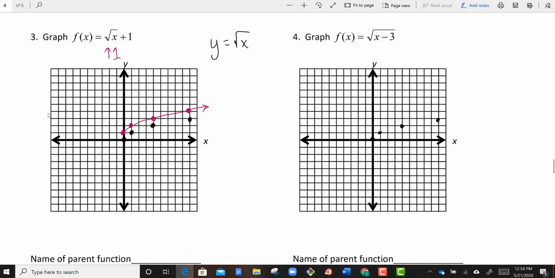And number 4, the minus 3 is on the inside. So that does the opposite of what we might think. So it's going to shift all of the points to the right 3. That one's a little bit off the graph there.